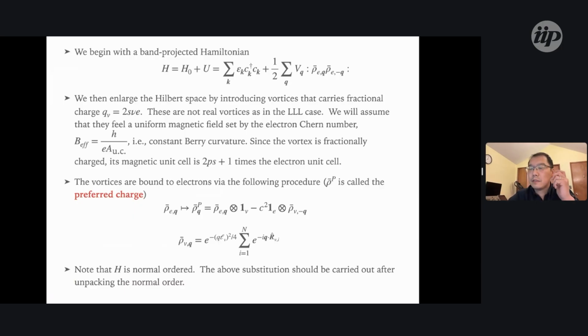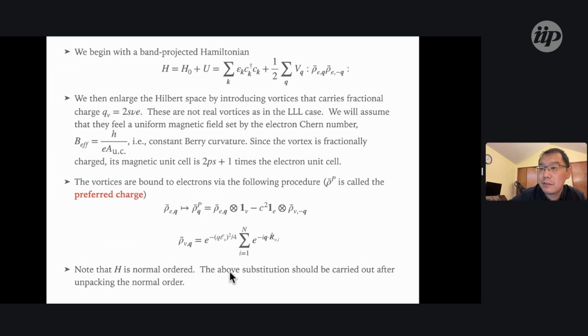Now, this is a very detailed but important technical step. Recall that the interaction here is actually normal ordered, right? This is my electron density operator. So when you replace the electron density operator with the preferred charge density operator, you need to unpack this normal order first.